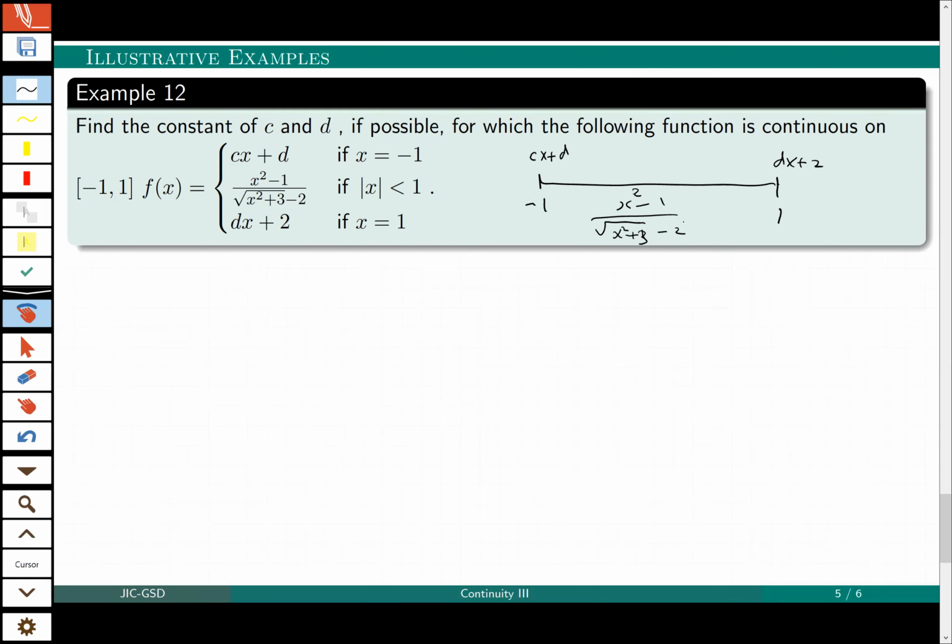Similarly, we have to do the same story. We should say f of x, that's the first condition, is continuous inside the interval minus 1 to 1.